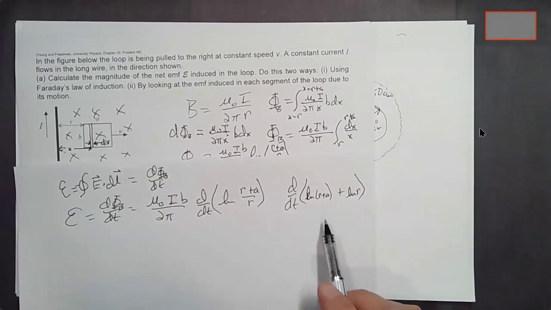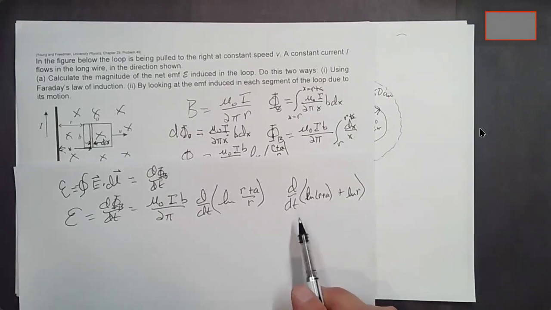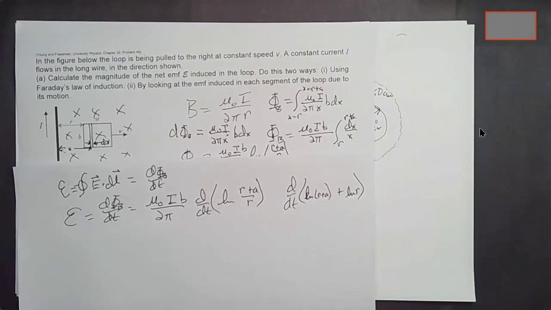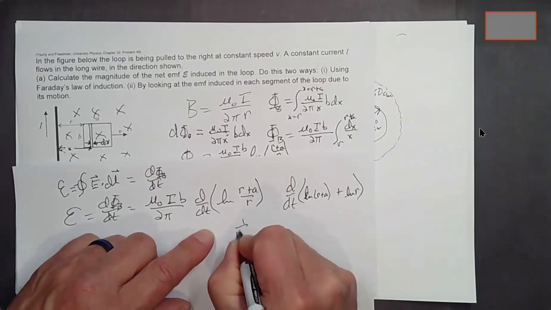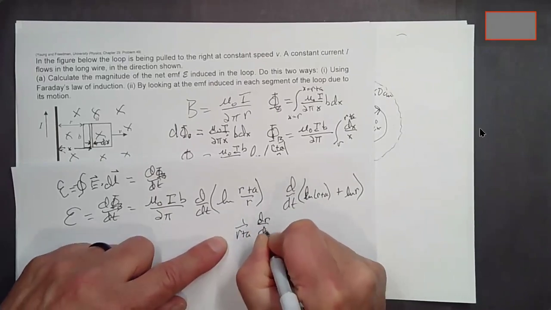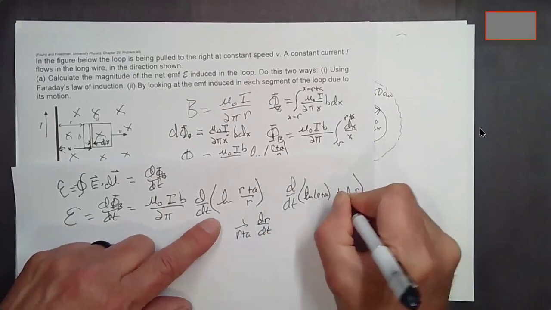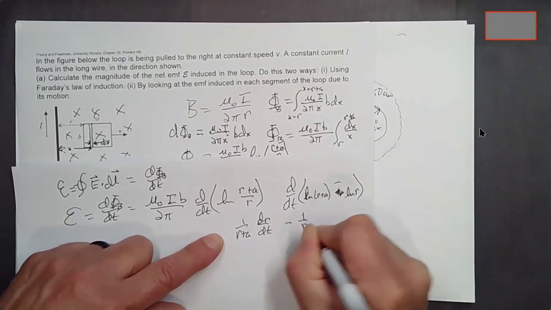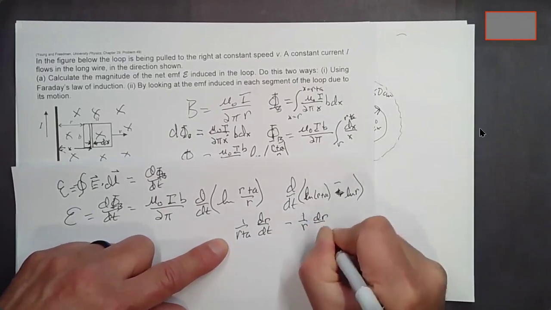And that ends up being 1 over r plus a times dr dt, minus 1 over r times dr dt.